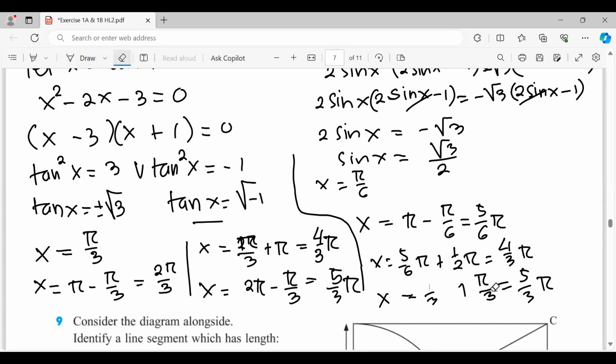This is 2 pi minus 4 third pi, because on quadrant 4.